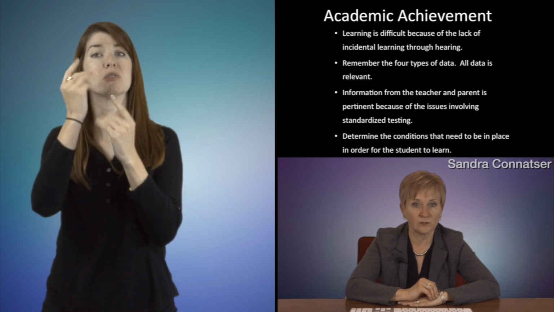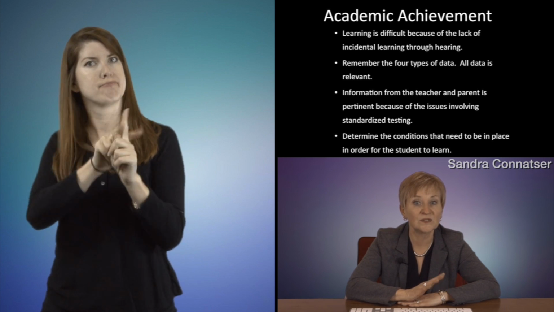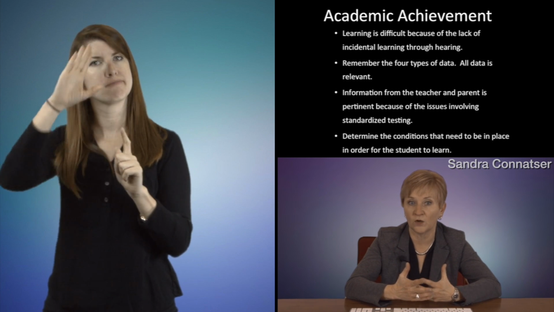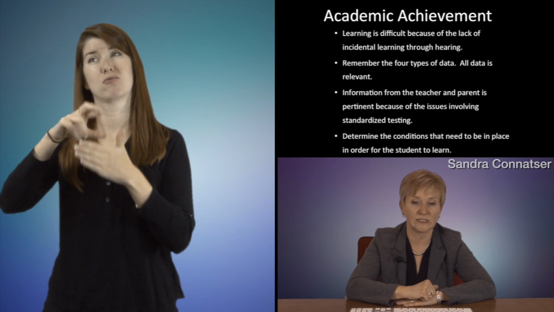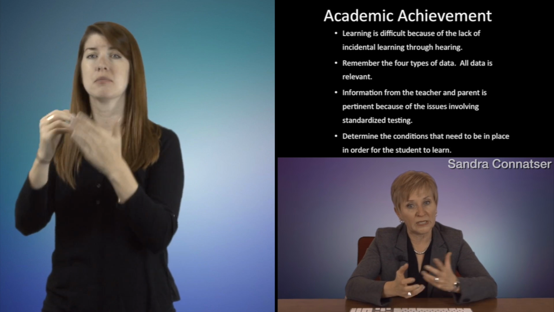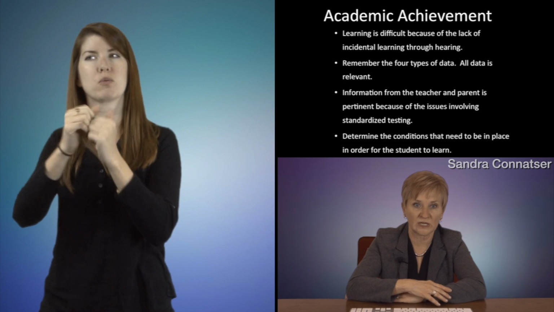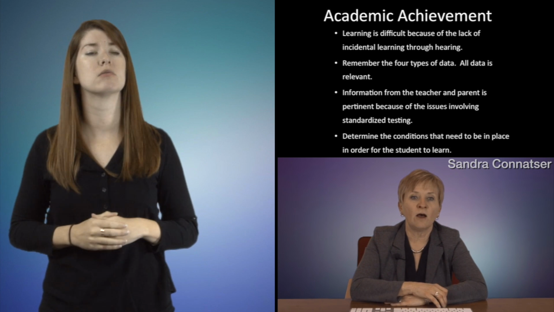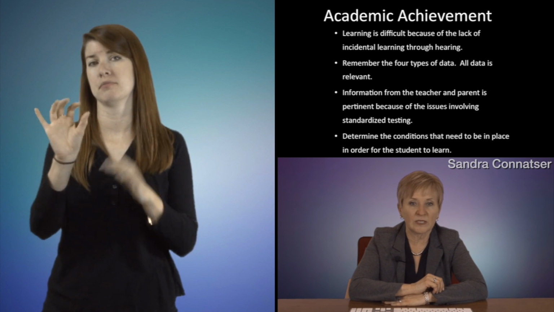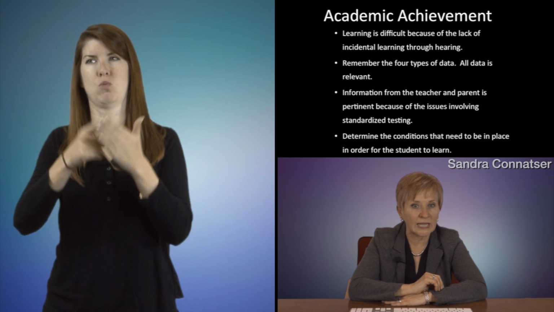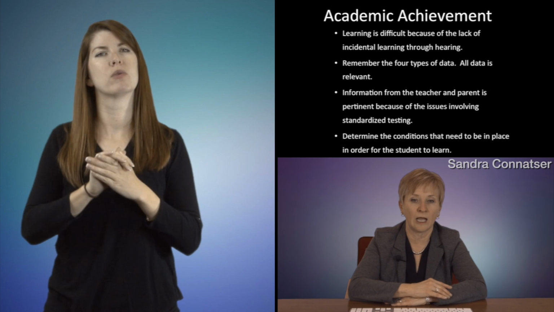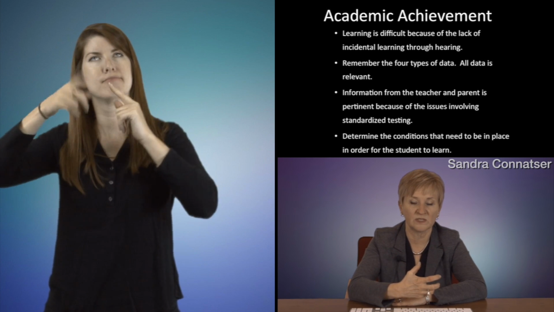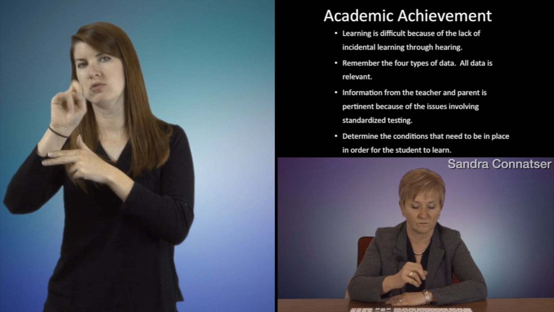Information from the teacher and the parent is pertinent because of the issues that we know are involved with standardized testing, and the results of standardized testing possibly not being as valid as it would be with a hearing student. It also is very important to determine the conditions that need to be in place in order for the student to learn. We often think of these as accommodations, and they are very specific to your child.